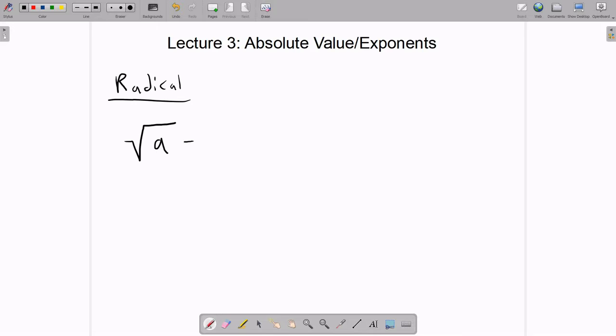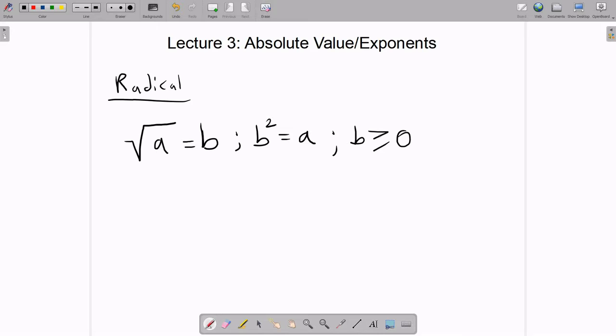And usually it is equal to some value b, where b squared is equal to whatever's inside the radical, a. And also b has to be greater than or equal to 0, because you cannot have the square root of a negative number. It's impossible to do so because if you take a negative number and you square it, you get a positive.